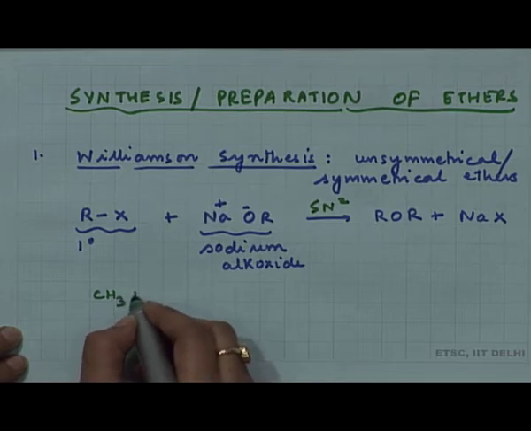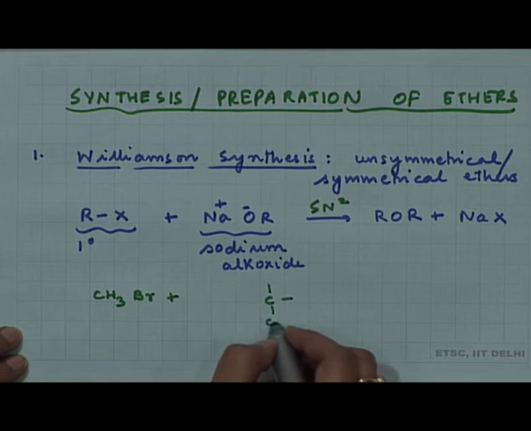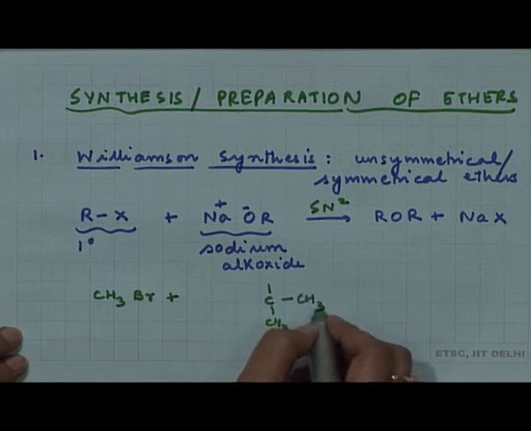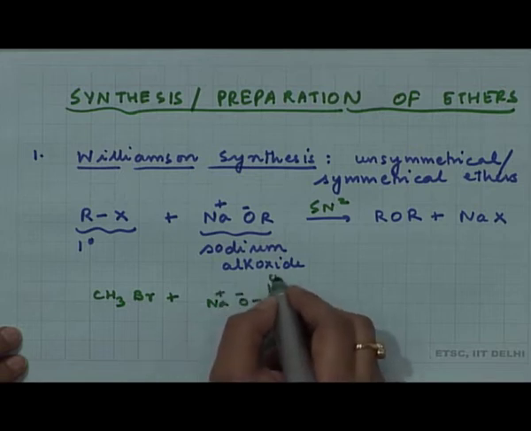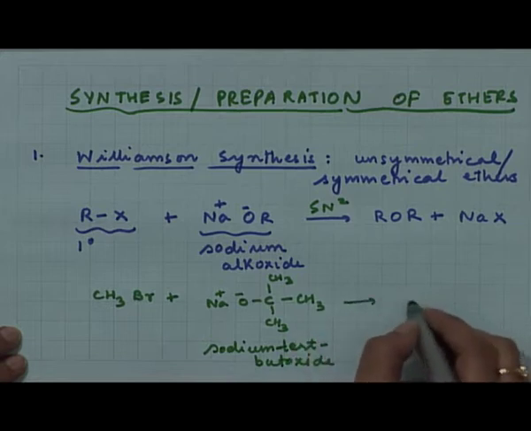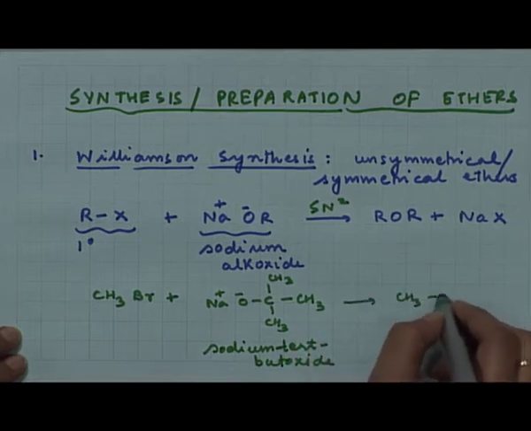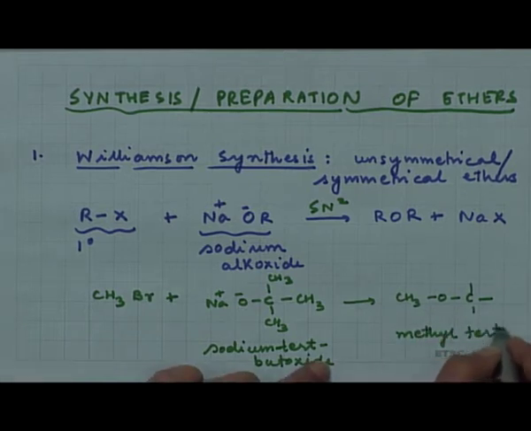For example, you take methyl bromide and treat it with sodium tertiary butoxide, and in this case what you get is methyl tertiary butyl ether.